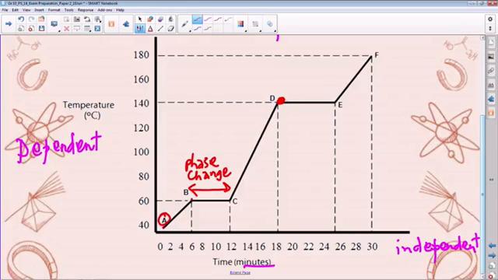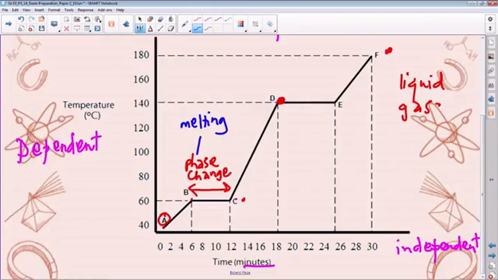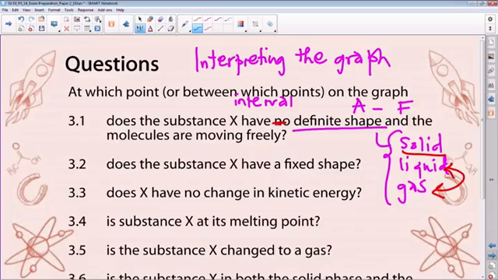Between B and C, there's a phase change, which in this case is melting, where the temperature remains constant. After C, it's already melted, it's a liquid. And between C and F, that's when we have a liquid form as well as a gaseous form. So when it has no definite shape, it's between point C and F, right? So between C and F, it does not have a definite shape.